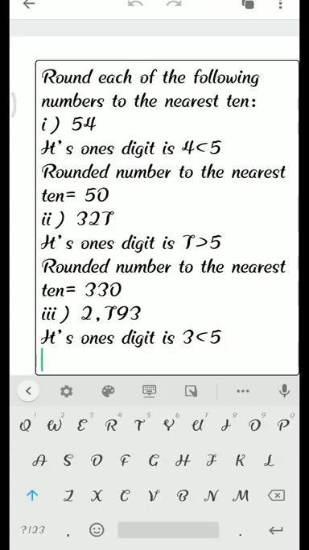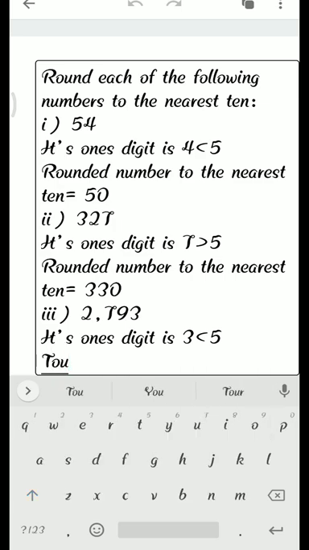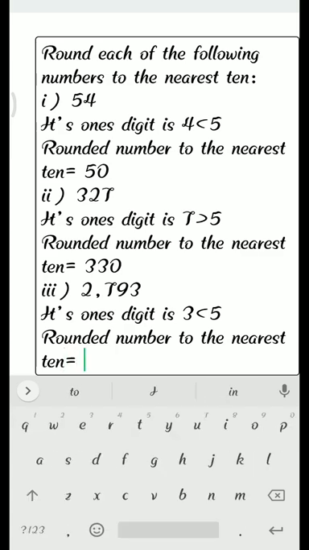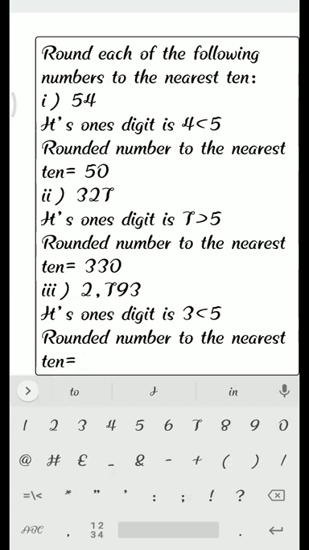So when the number is less than 5, only the number at the ones place will become 0 and the rest of the number will be as it is. So the rounded number to the nearest 10 will be 2,790.